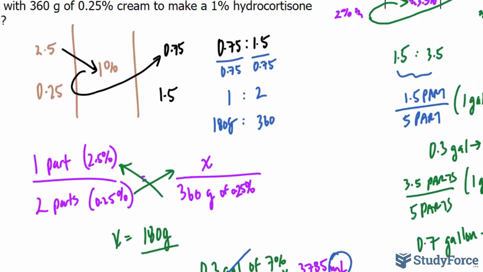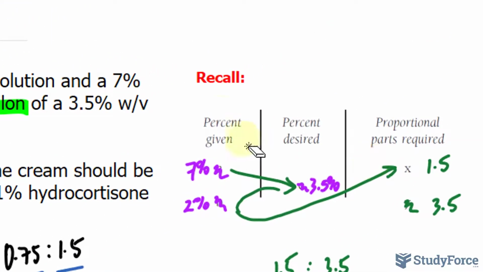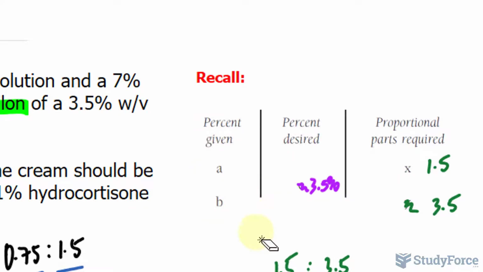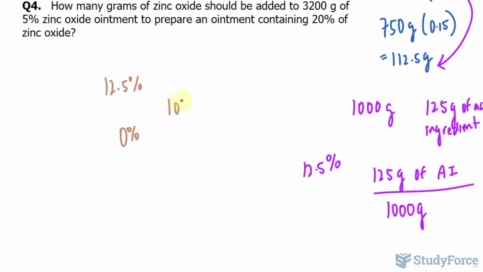And I'll use the same sort of method as I used over here, where I have this chart to help me organize my work. The first column is percents given, so I'll write down 12.5 for A and 0 to represent the active ingredient for the petroleum jelly. And the desired percent will be 10%. So I'll put 10% over here.